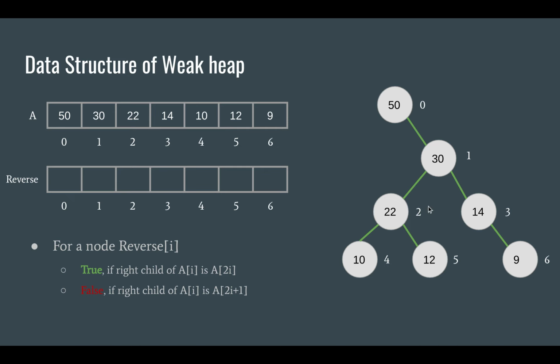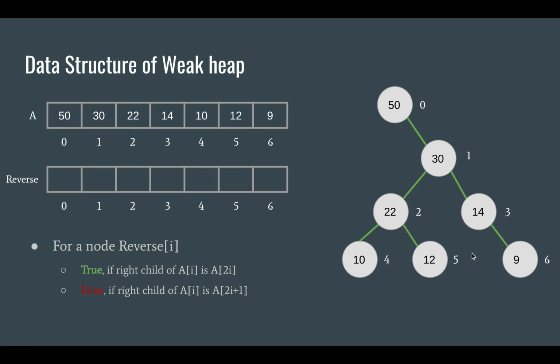So for example, the node 30, here you can see the node 30 has two children. For node 30, the right child, which is this one, 14, has index 3, which is actually 2 into 1 plus 1, 3. So for reverse of 1 here, we will input a false value.